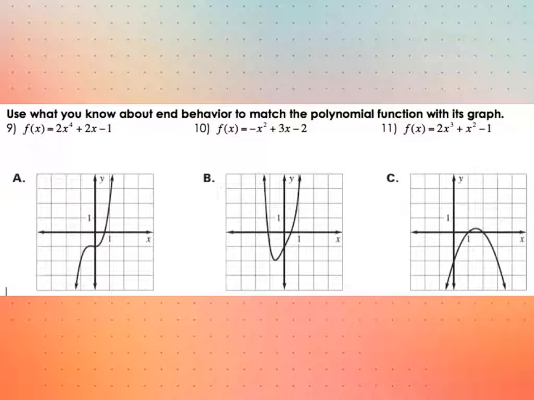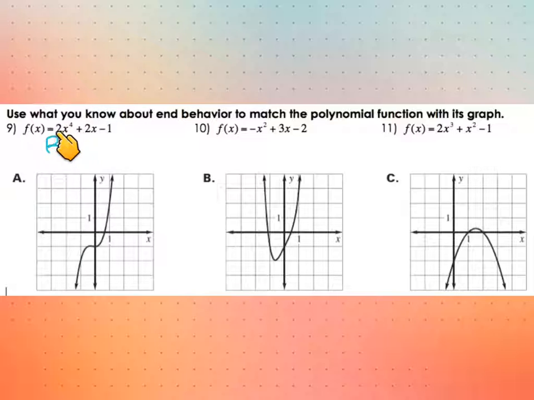All right, last few graphs you're matching here. So a couple of things you can do is look at the direction of the graph, the end behavior. Are they doing the same thing or opposite thing? So we can look at question number 9 and notice that it is an even degree function. So guess what? Letter A is disqualified from that.